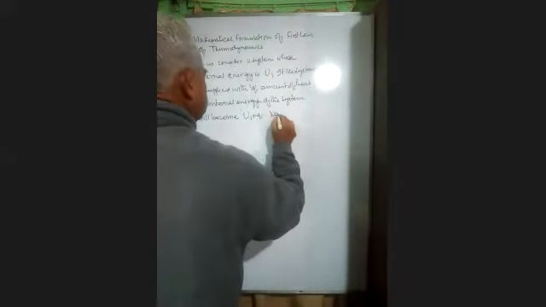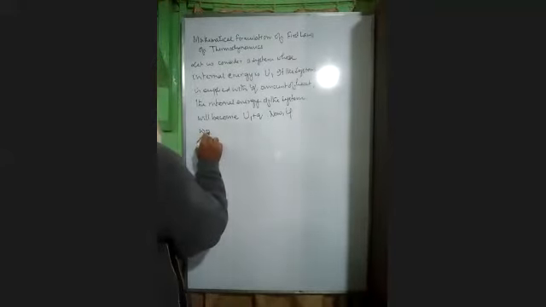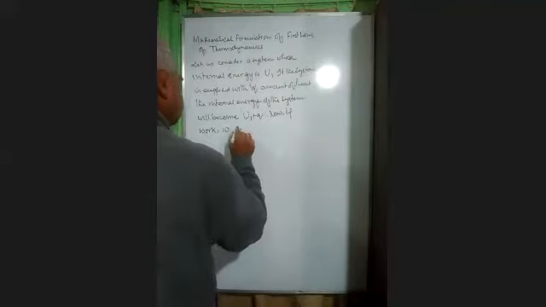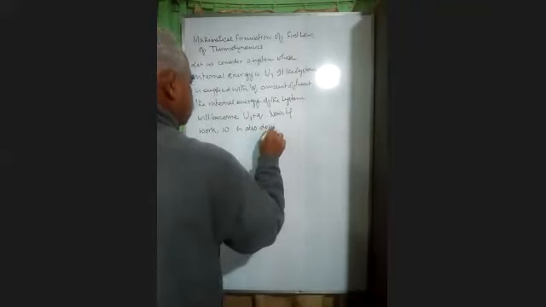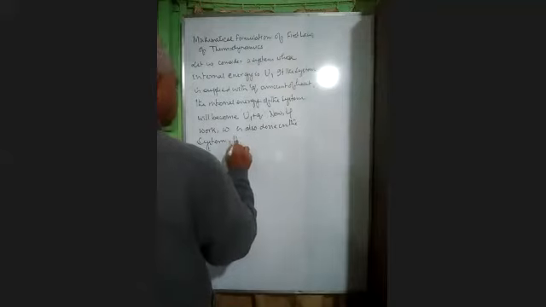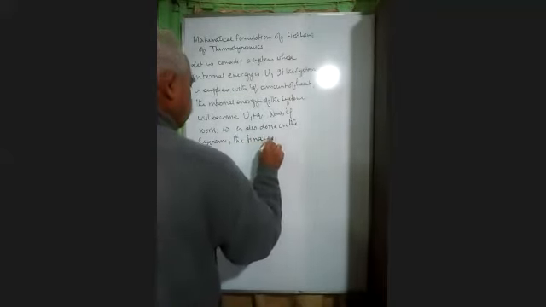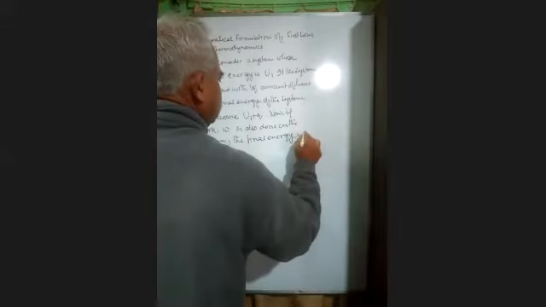Now, if work W is also done on the system, the final energy is U2. So what we can write now?